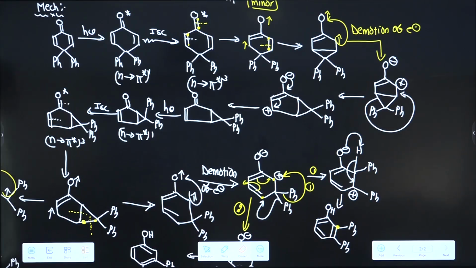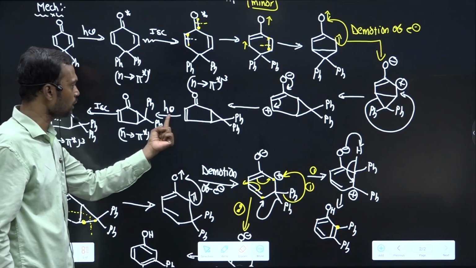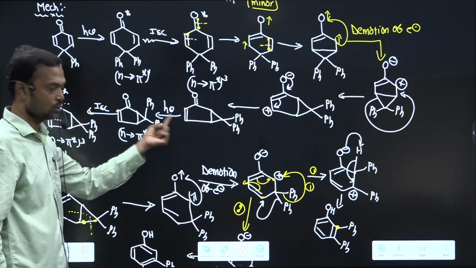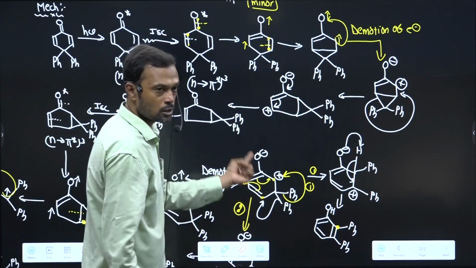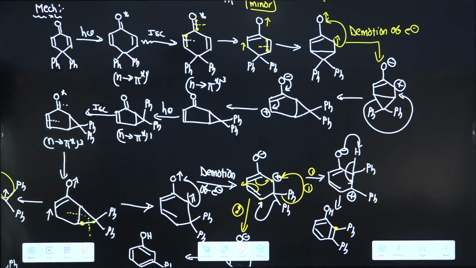Sometimes exactly from the middle they are asking. That's why this mechanism is most important. Exactly from here they will start. They will give this symbol and the photochemical symbol they will give. So proceed like this. Suppose if solvent is mentioned as methanol, go for open chain product. This side you should go.